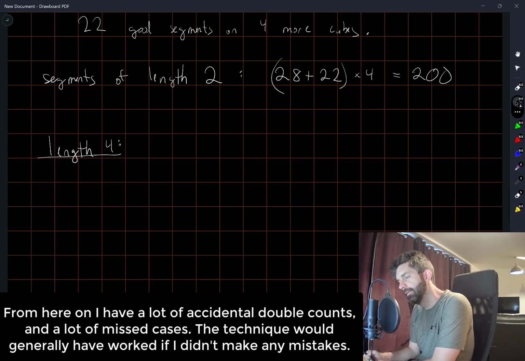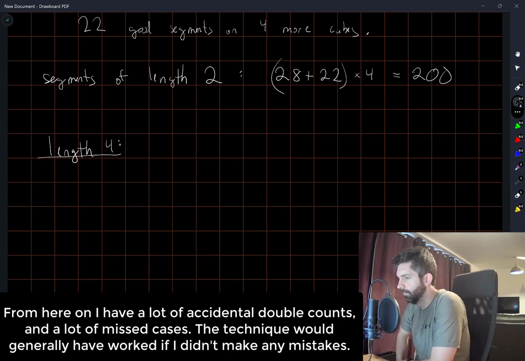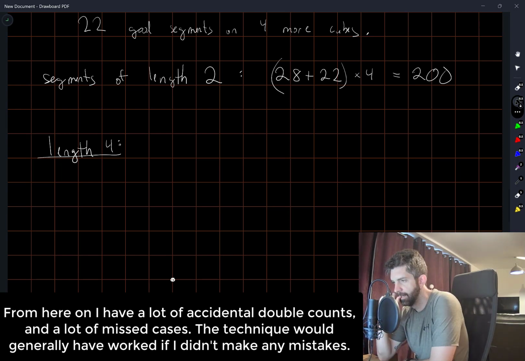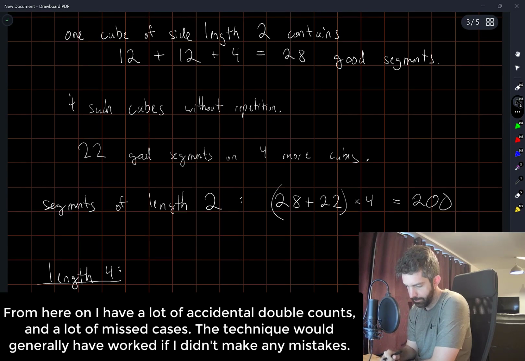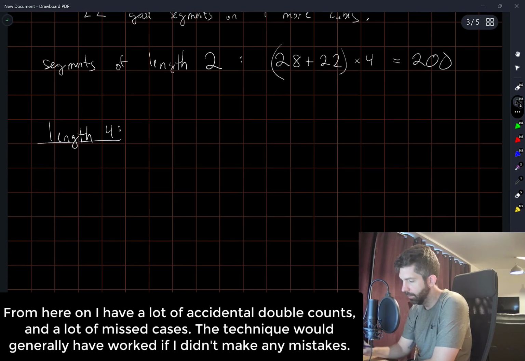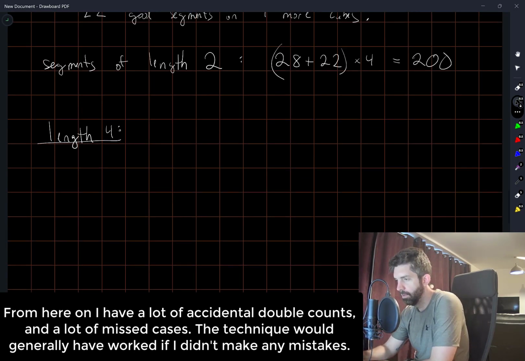So what I need... well, if I'm choosing pairs of points, they either have the same x-coordinate or different x-coordinate. If they have the same x-coordinate, then we're basically in the case of only thinking about y and z being distinct.